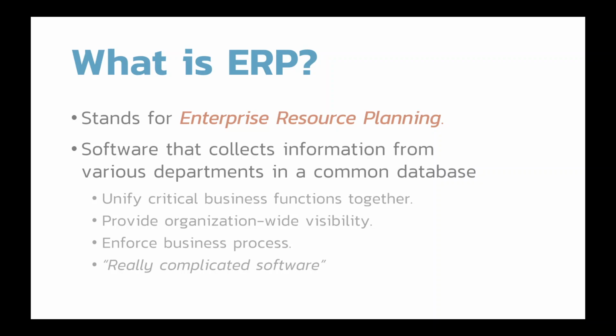So the ERP, Enterprise Resource Planning software, will kind of solve that problem because they begin with just the assumption that they want to capture every process in one software, right? So unifying critical business functions together, and then once you can do that, it's very easy for you to link everything together and give you organization-wide visibility.